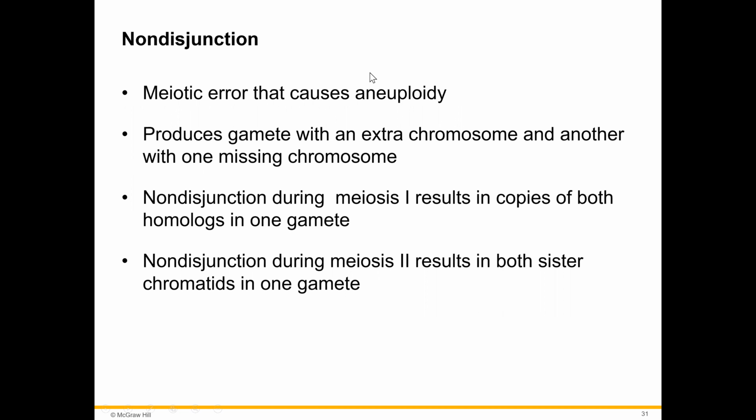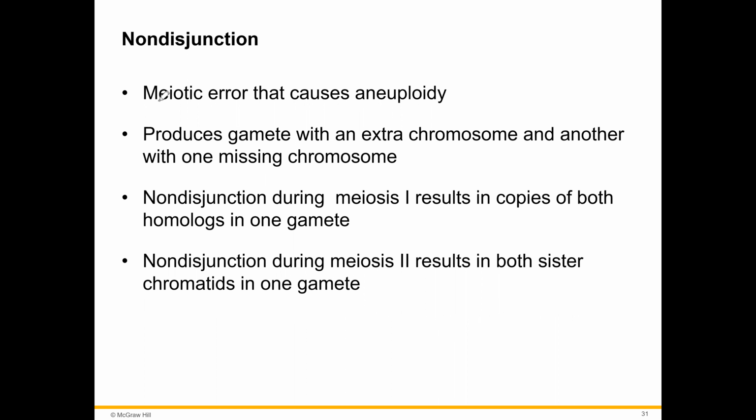Now, how do we get this aneuploidy? Well, you can get it because there is an error in either meiosis or mitosis. Now, if it's an error in meiosis, and remember what meiosis does, meiosis produces eggs and sperm. Yeah, I know they don't want us to use the word eggs, they want us to use the word ova, but just for the purpose of better understanding, I'm going to use female gametes, egg and male sperm.